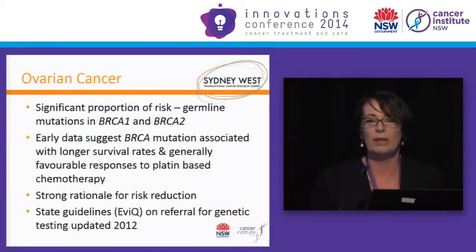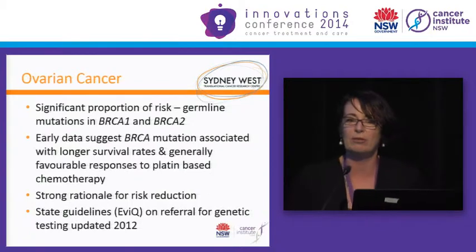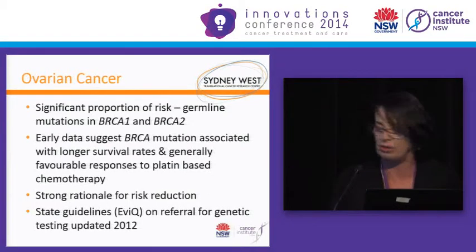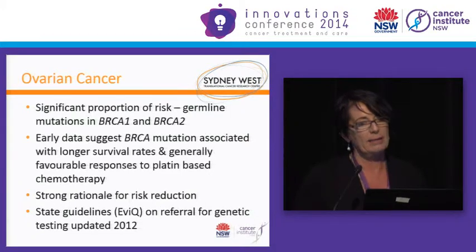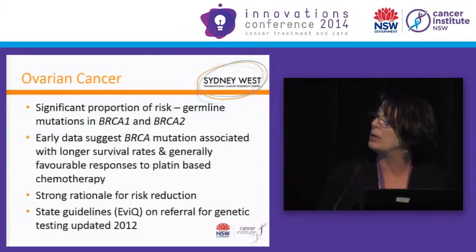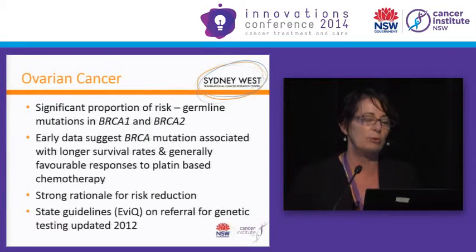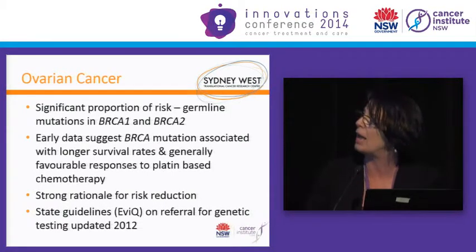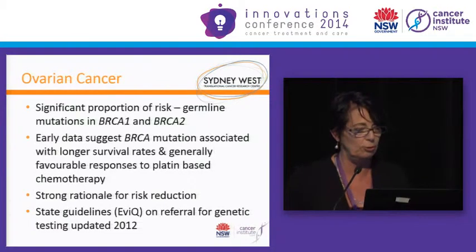I'm sure there's been quite a considerable amount of coverage in the media around ovarian cancer in the last year particularly, and a lot of it's around the recent breakthroughs in recognising germline mutations in BRCA1 and BRCA2.